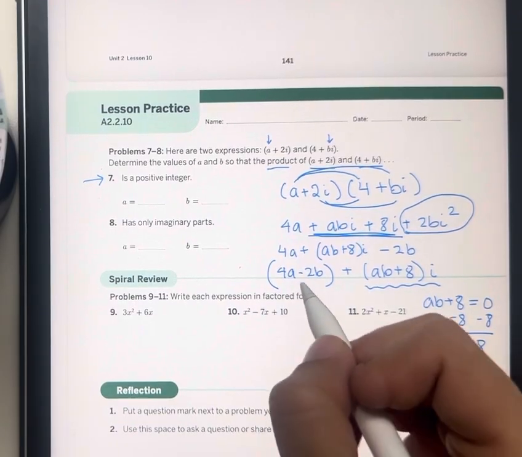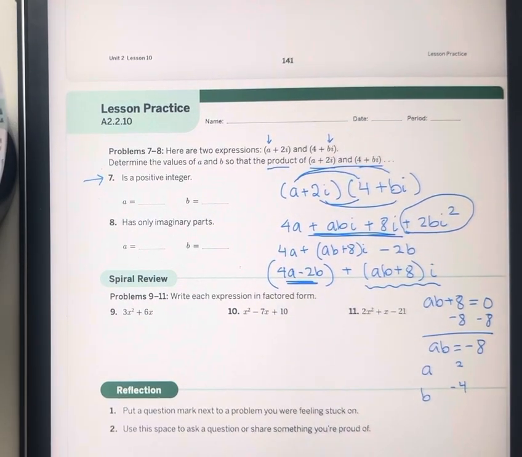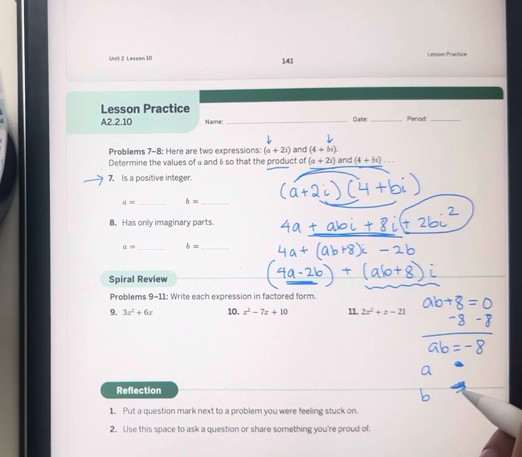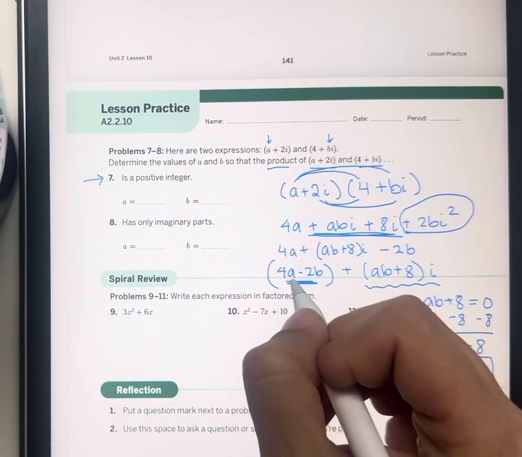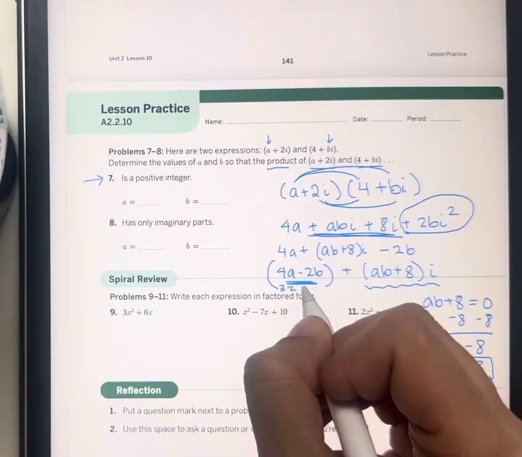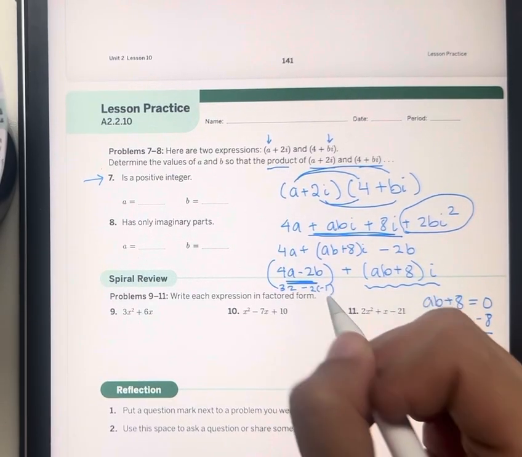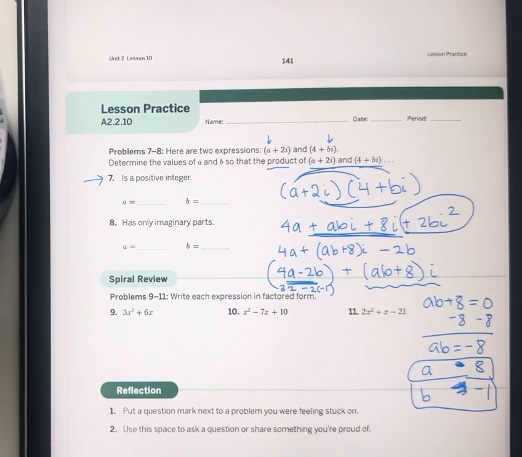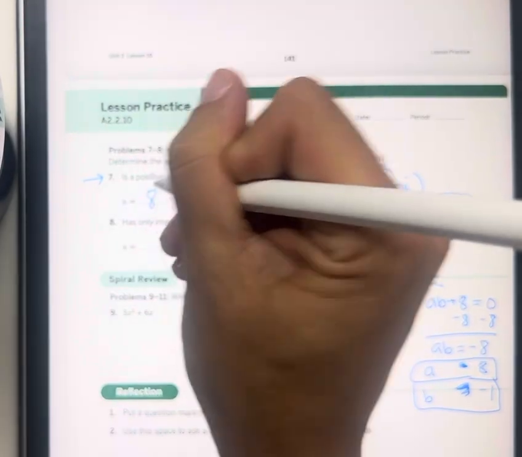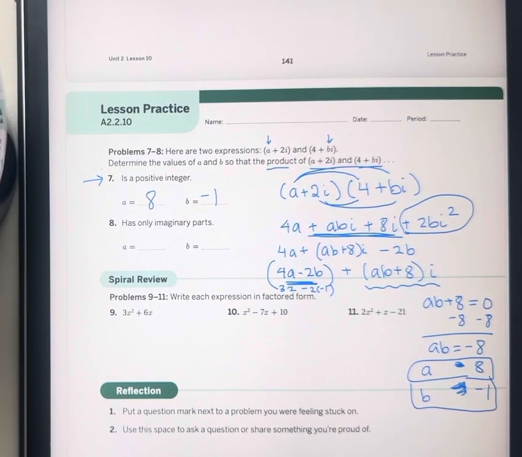But I got to pick them strategically so that this part comes out positive. Oh, actually, that's not good. 2 and 4, they kind of cancel out. Okay, it doesn't have to be 2 and 4. It can be like 8 and negative 1. If a is 8, this is 32. Minus 2 times negative 1 is definitely a positive number. That's 34. So a is 8, b is negative 1.